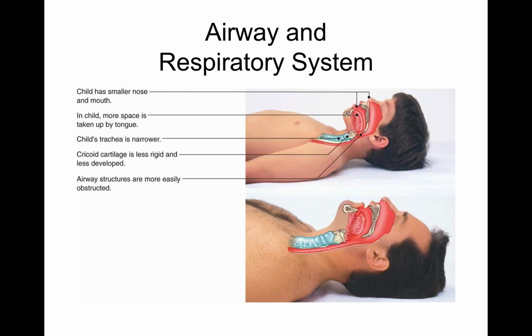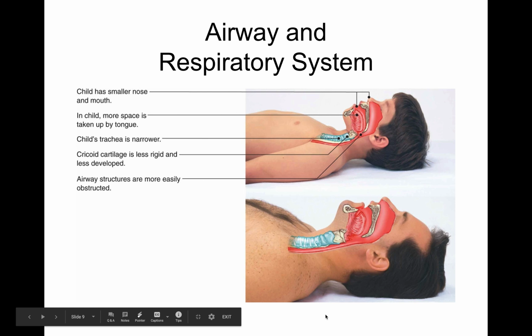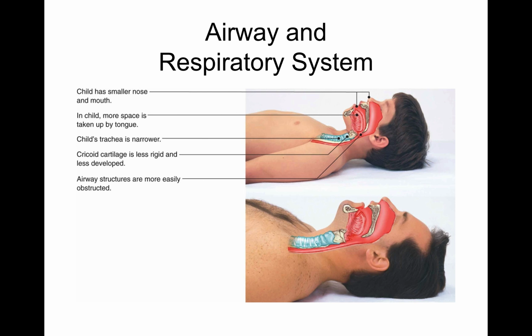The child's nose is smaller, and they have a smaller mouth. The tongue takes up proportionally more space. Their trachea is narrower, and the cartilages around there are less developed, and with that smaller airway, those airway structures are more easily obstructed.